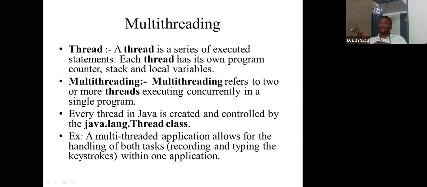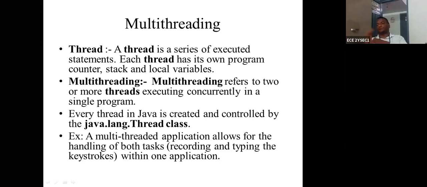To perform any task, it requires a program, which is a set of instructions to perform a task. But all the tasks are included in a single program. So multi-threading stands for multiple threads or multiple tasks being executed concurrently using a single program.